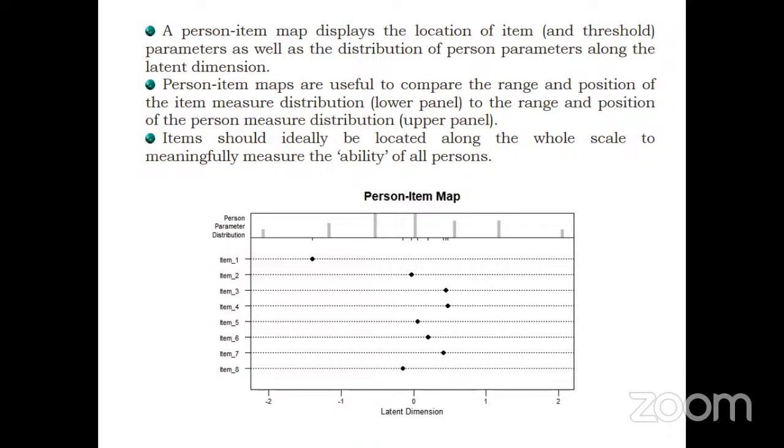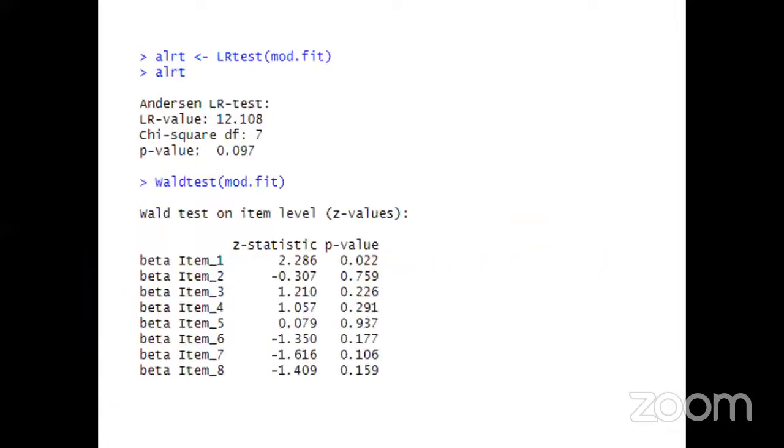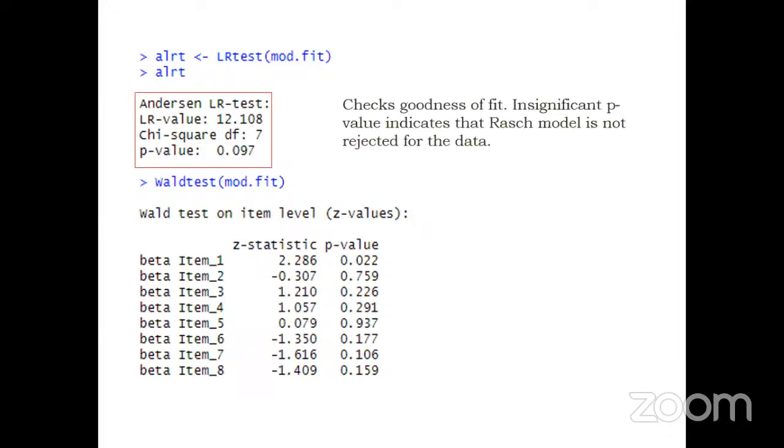Ideally you should be getting a curve where all the items are well distributed across the entire range of the trait. You can check goodness of fit using the likelihood ratio test or Wald test. There are different interpretations here, and we check the chi-square value and the p value. We want an insignificant p value. If you get a significant p value, it means the fit is not good.